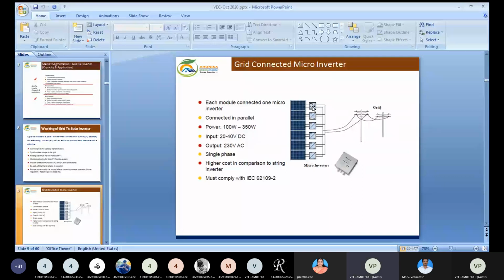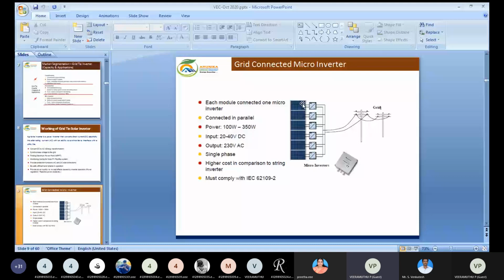Without connecting to the inverter, it will generate 0.6 volt. So with 60 cells, 60 into 0.5 equals 30 volt at maximum, that means with load. Without load, each cell generates 0.6 volt, so 60 into 0.6 equals 36 volt.